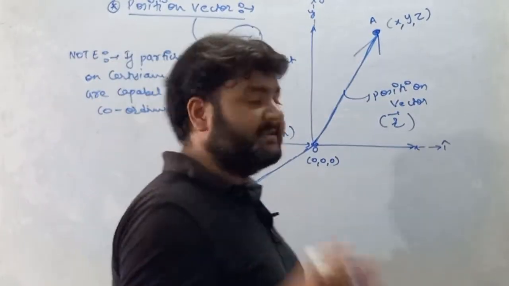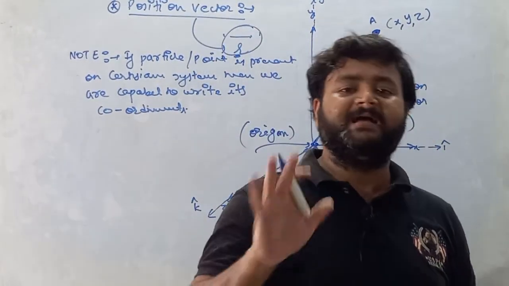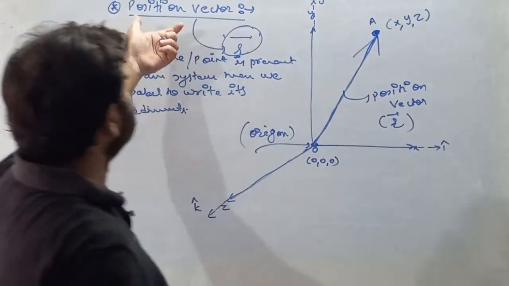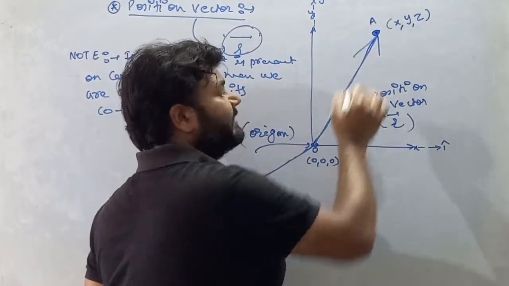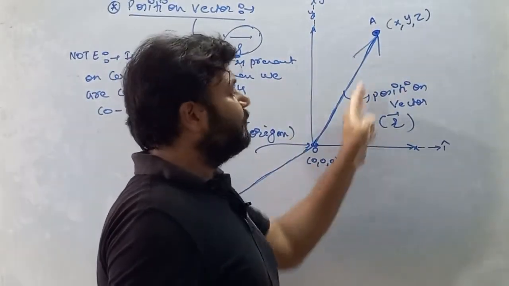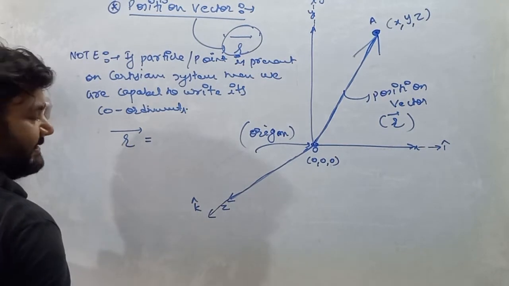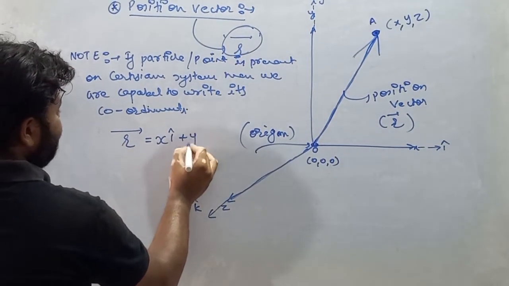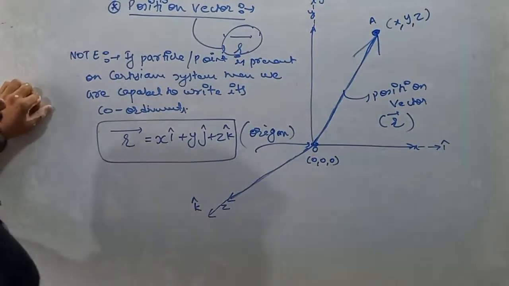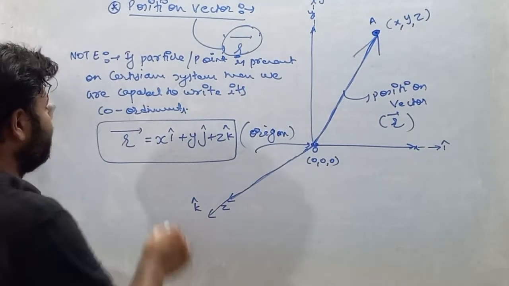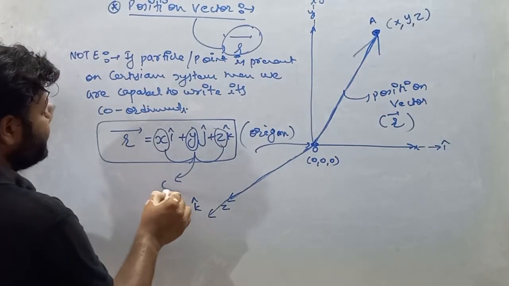I am repeating once again: a straight line joining the particle with the origin, having both magnitude and direction, is said to be the position vector. It is represented by r vector and is equal to x i cap plus y j cap plus z k cap. This is the value of the position vector. Remember, my dear students, x, y and z are the coordinates of the particle.